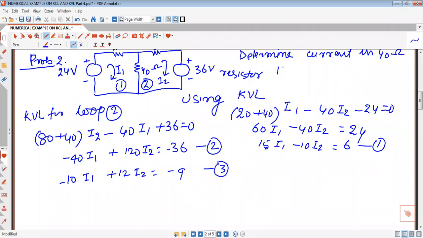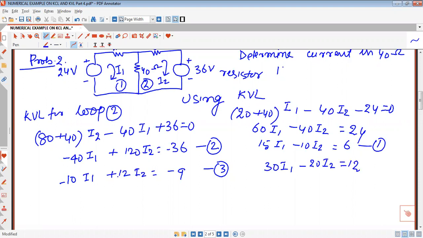If we multiply equation 1 by 2 and equation 3 by 3, what will we get? We will get here 30 I1 minus 20 I2 equal to 12.